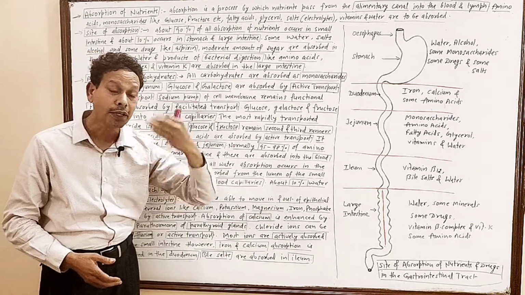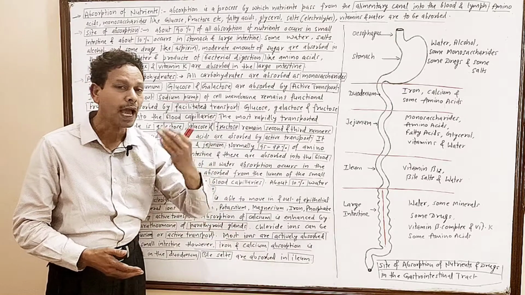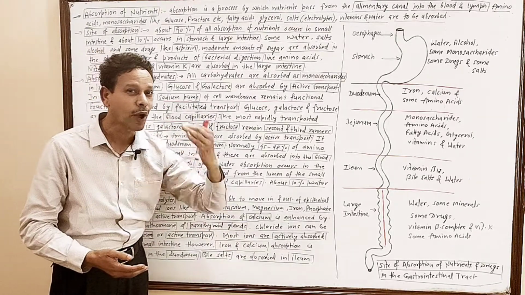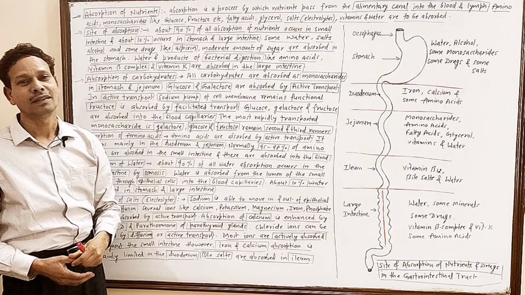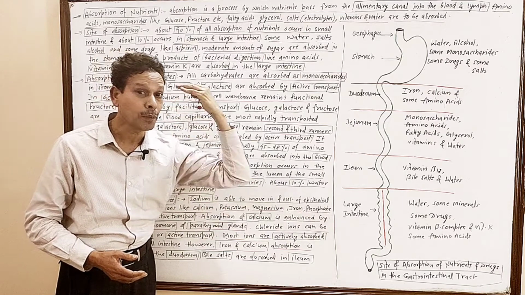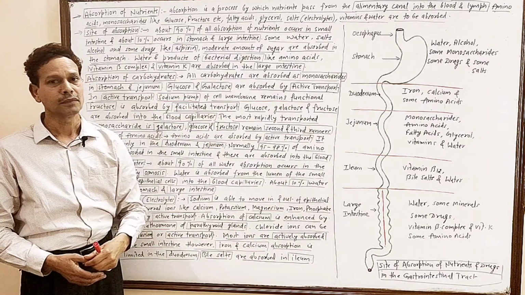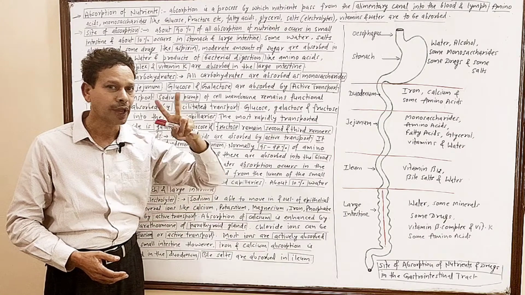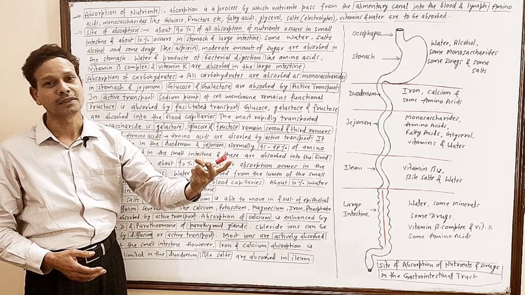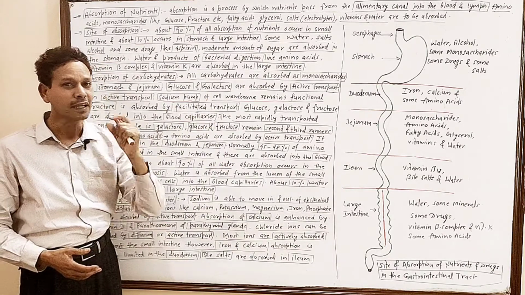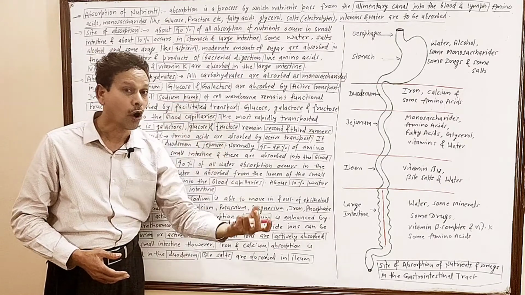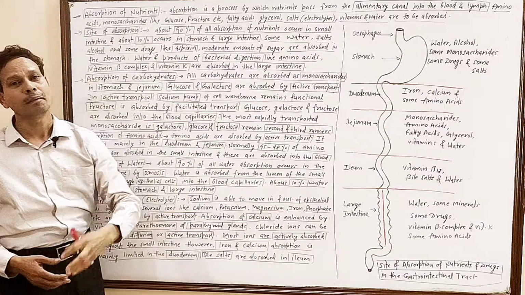In facilitated diffusion, a carrier molecule is involved, but it doesn't require metabolic energy. Glucose and galactose are absorbed actively, needing both carrier molecule and metabolic energy. But fructose is absorbed by the facilitated method, with a carrier molecule but no involvement of metabolic energy.